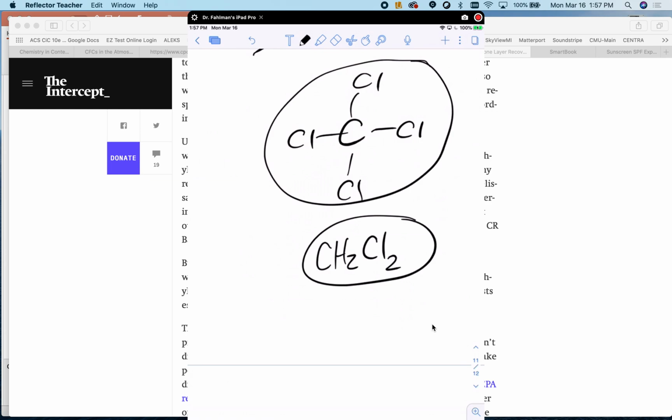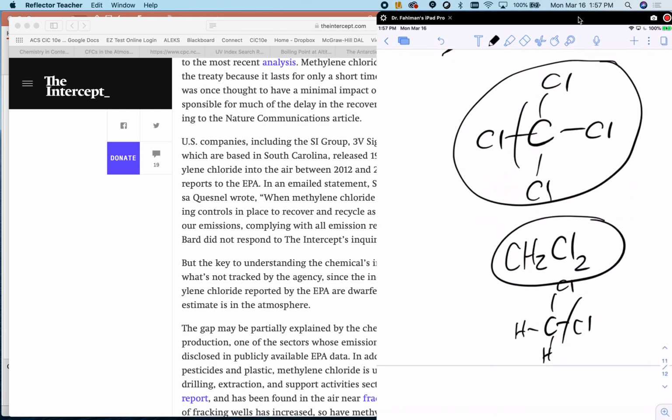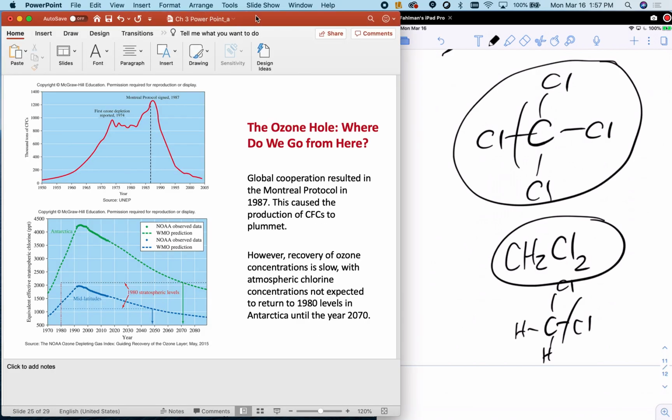UV light breaking apart carbon-chlorine bonds in each of these, so it can break apart and still form chlorine. Until we also stop producing these, the level of these ozone holes is still going to remain constant. So it's showing you that CFCs are not the only thing to blame.